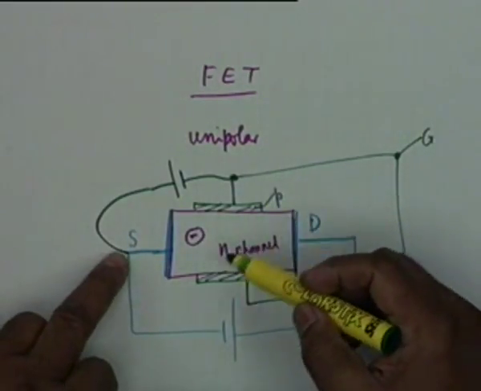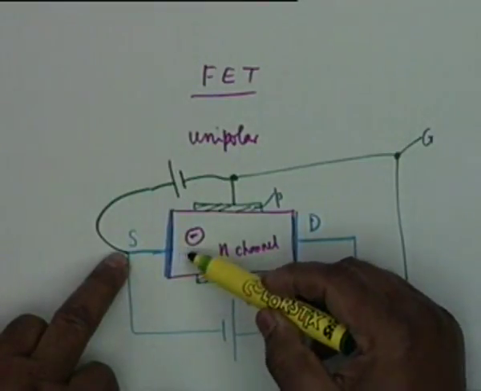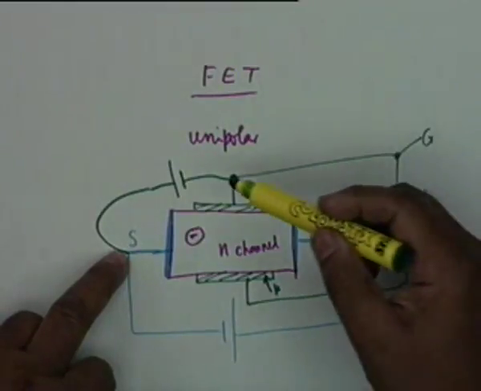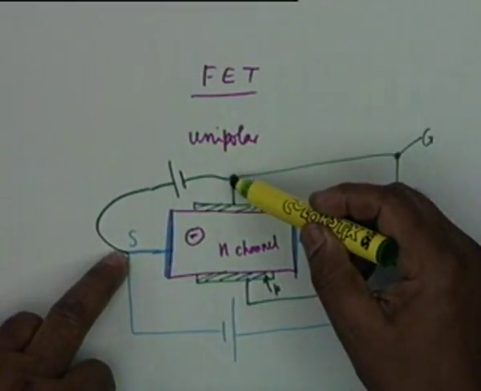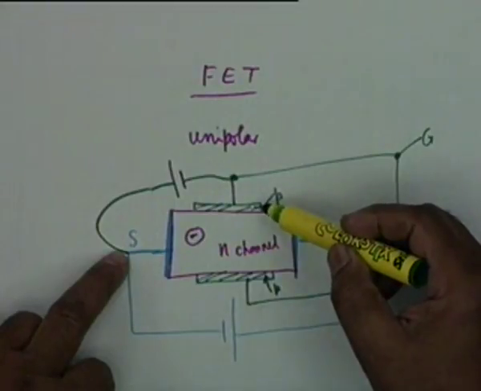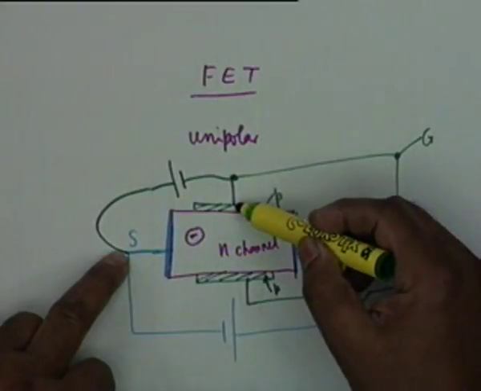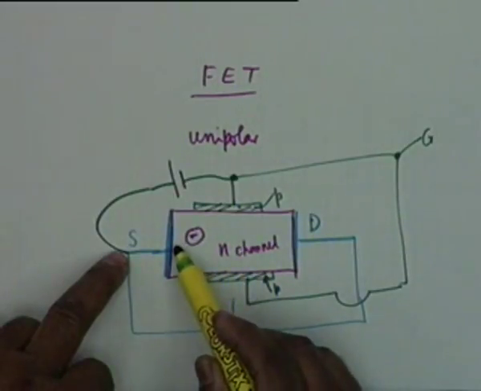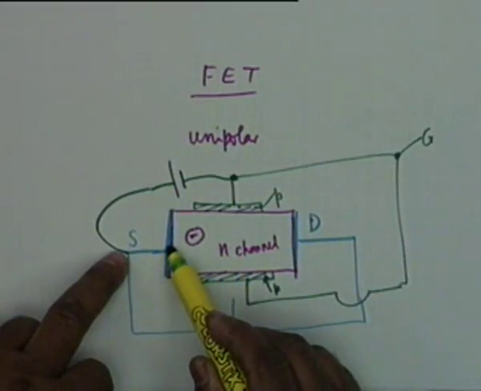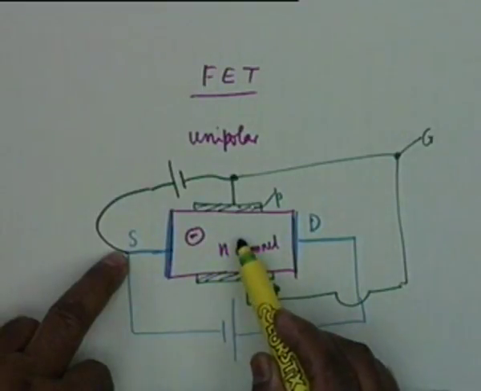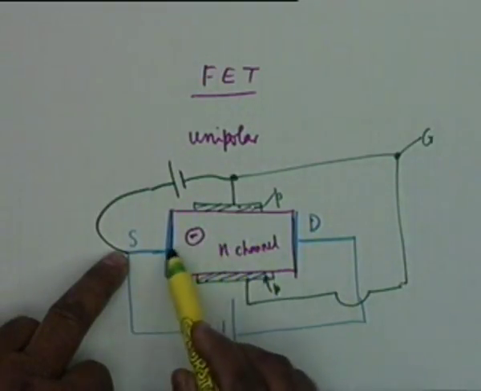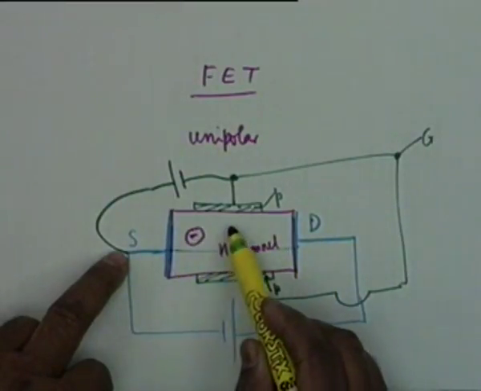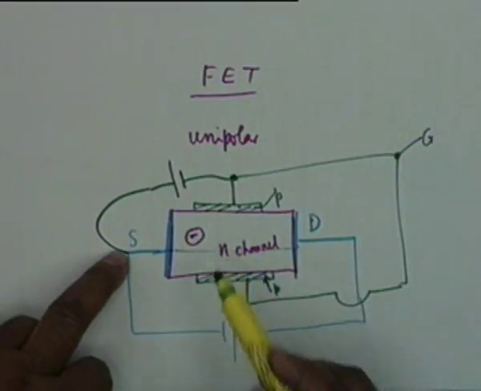Then obviously the source which is connected to an N-type material and the gate which is connected to a P-type material, obviously there is a reverse bias that is created between the gate and the source, and because this is resistive, the reverse bias will be 0 here and will increase to a maximum at the gate. Is that correct? In this channel, the reverse bias will increase like this, because it's a resistive material.